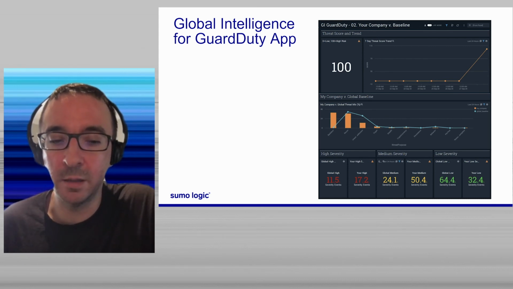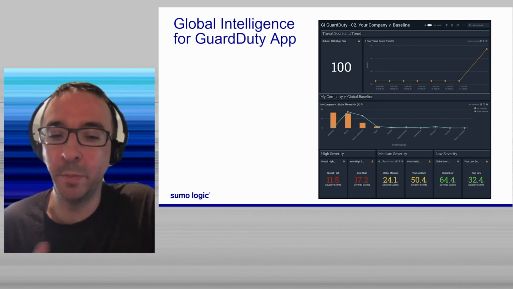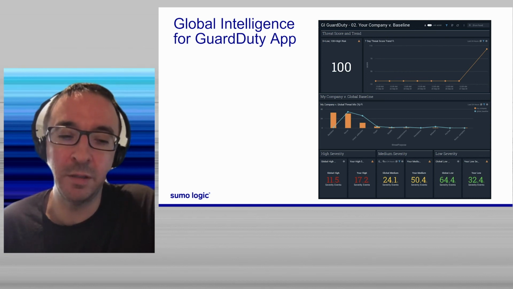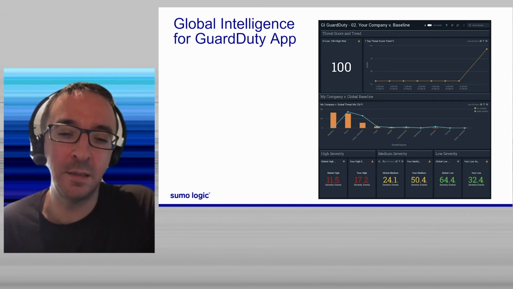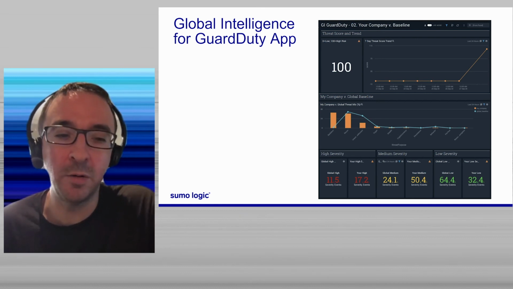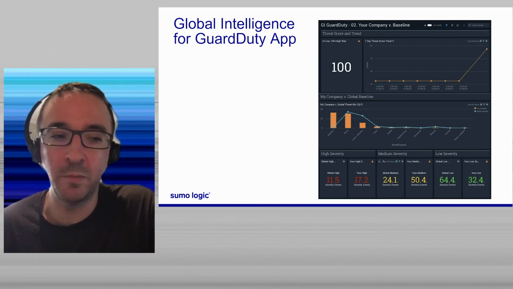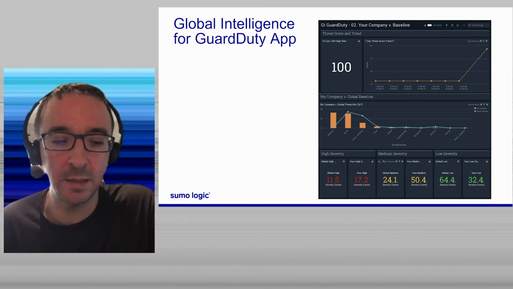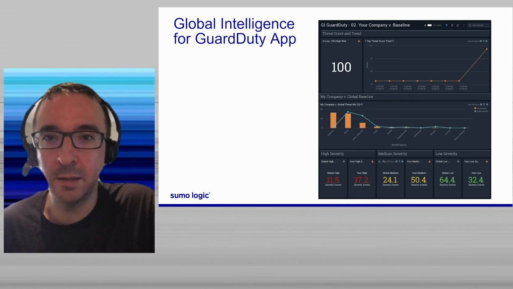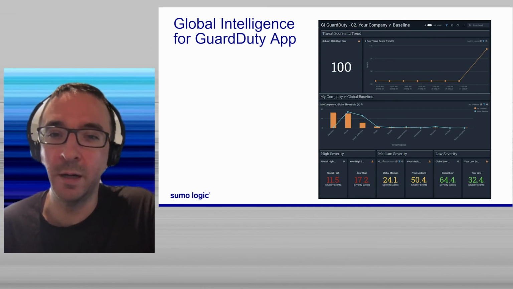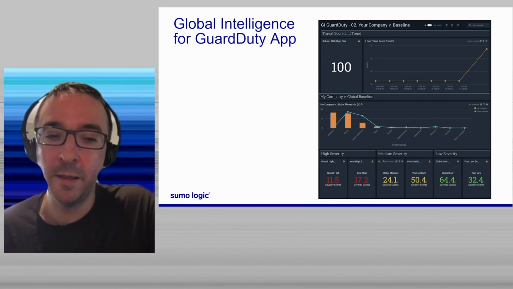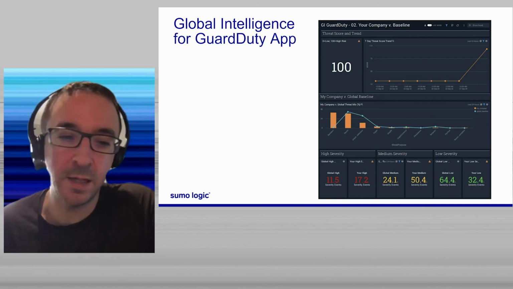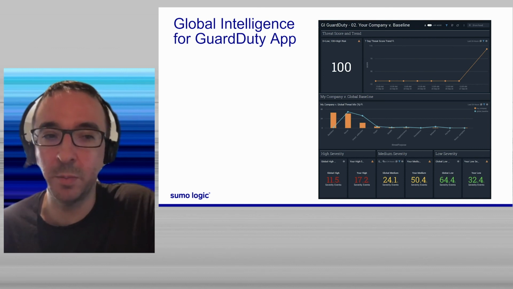So if there is an alert firing in AWS GuardDuty for your environment, but the global benchmark shows that it's highly prevalent across all customers all of the time, it might be just background noise that's very prone to false positives. Whereas an alert that is extremely rare, but you all of a sudden have a great deal of them and you did not before, might warrant your immediate attention and be something you want to prioritize more highly.